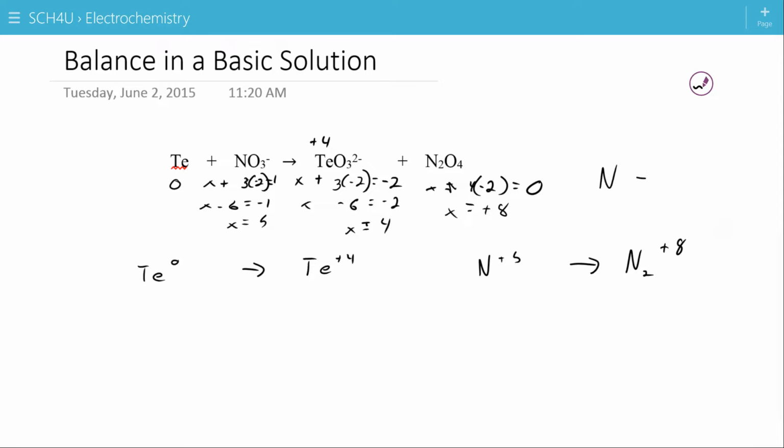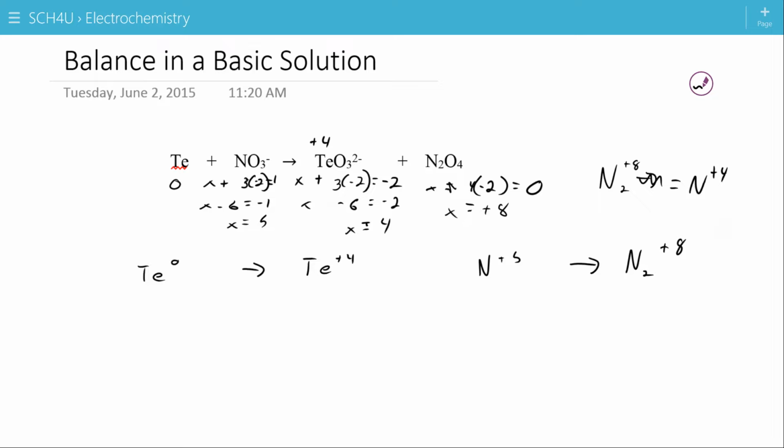That means each nitrogen would be +4. But since we need to have 2 of them in the final compound anyways, we might as well leave it together with its total charge together. In that way we won't end up having to multiply the whole equation by 2 or anything silly like that.